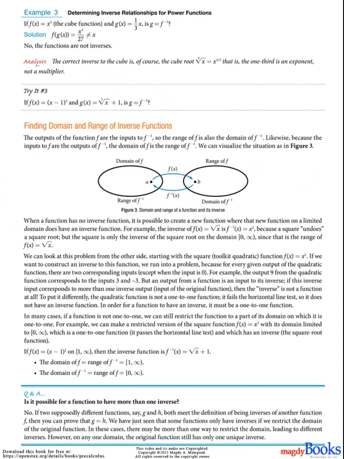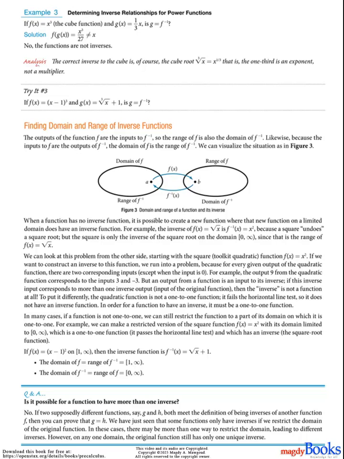Example 3. Determining inverse relationships for power functions. If f of x equals x cubed, the cube function, and g of x equals 1 over 3 x, is g equal to f inverse? Solution. f of g of x equals x cubed over 27, which is not equal to x. No, the functions are not inverses.